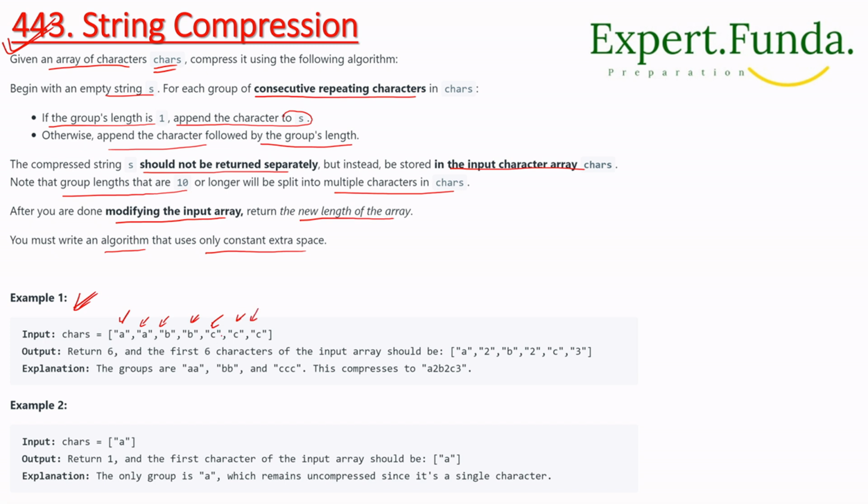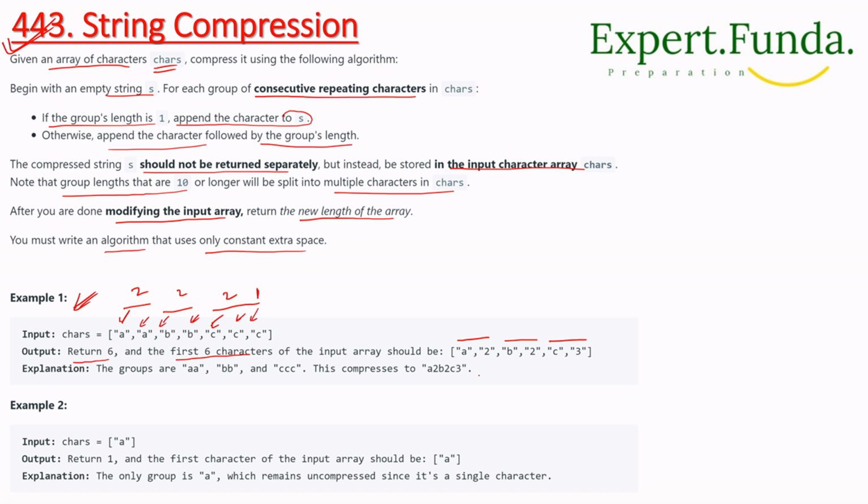As you can see, these three are one group, and the other two are another group. What we have to do is return 6. Why do we return 6? Because of the first six characters: a is coming 2 times, b is coming 2 times, but c is coming 3 times.